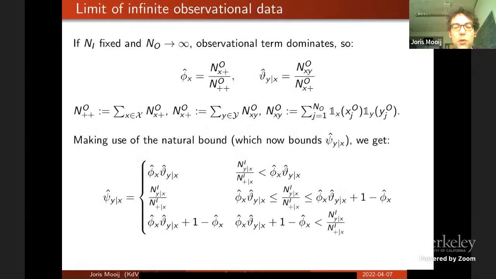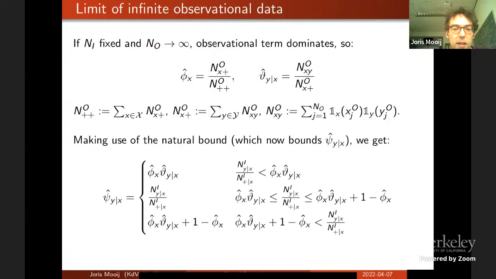But we can gain some intuition of what it's doing by considering the limit where the observational sample size tends to infinity, but we keep the number of interventional samples fixed, because there the observational term will dominate the log likelihood. So we will just end up with the standard maximum likelihood estimators for the phi and theta parameters that we would get from only looking at the observational data.